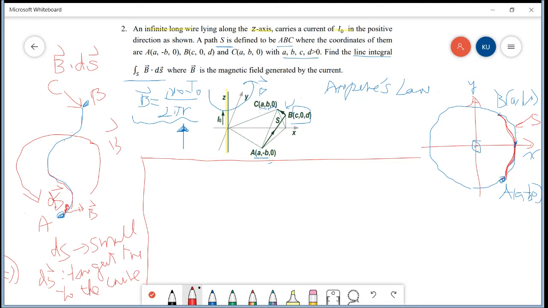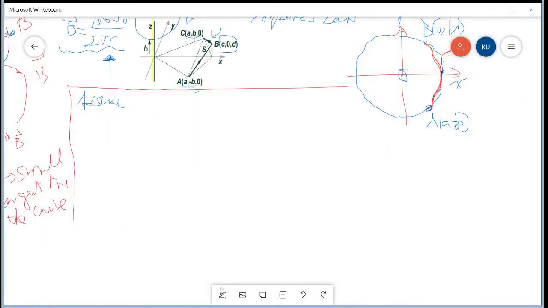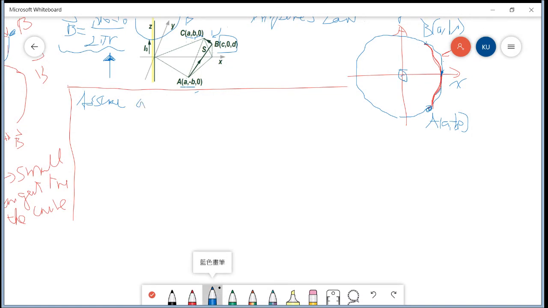But actually, we can assume an Amperean loop S1.